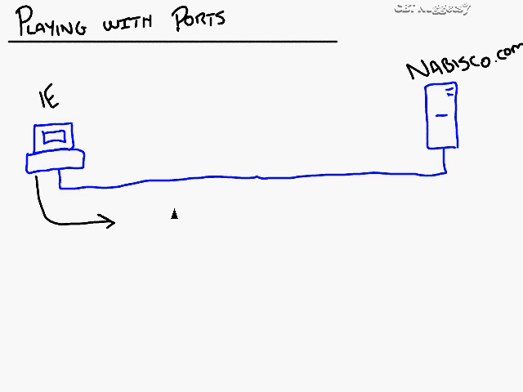Well, you might know that when you're going to a web server, HTTP is always going to use port 80. Now, when you get to the web server, what does that port number say? Well, it says, I need to access the application that is answering to port 80. And thankfully, Nabisco.com and any other web server out there is configured to answer port 80, the well-known port number for web services.